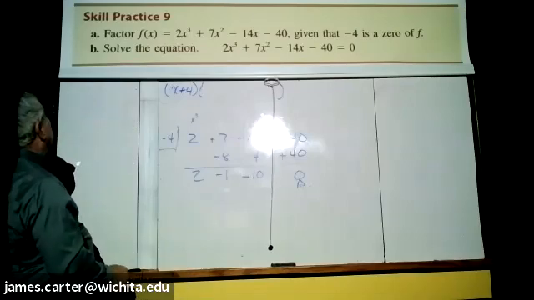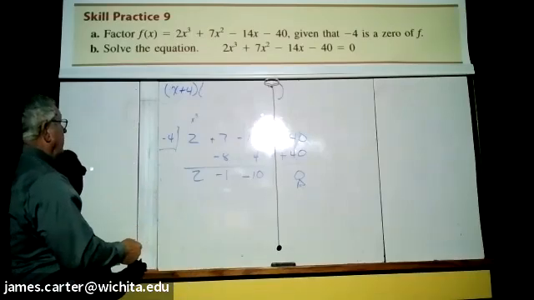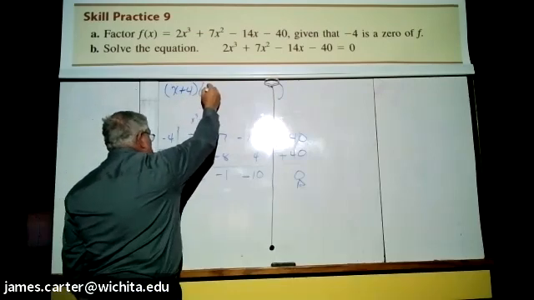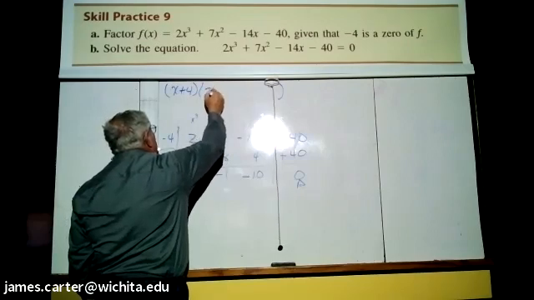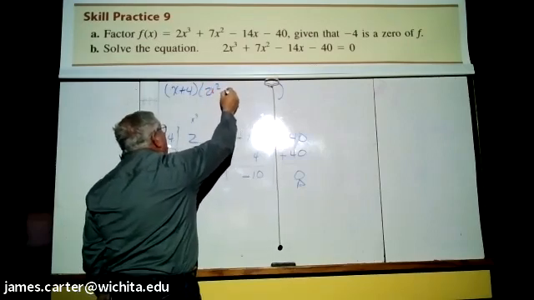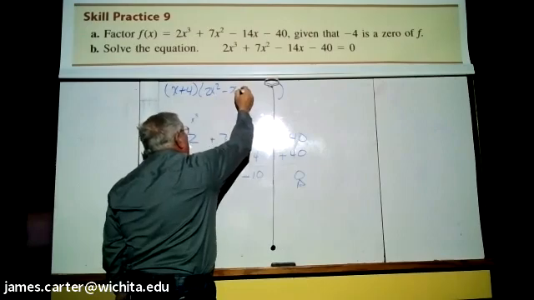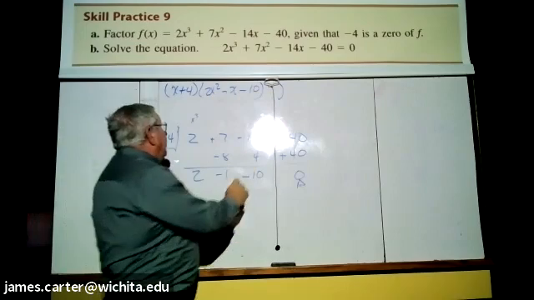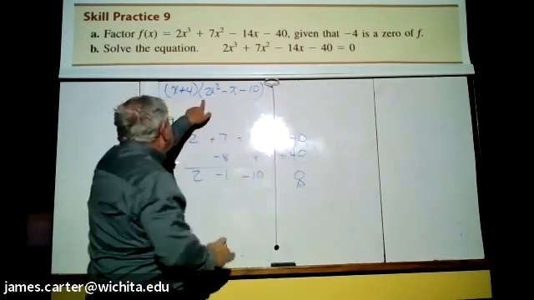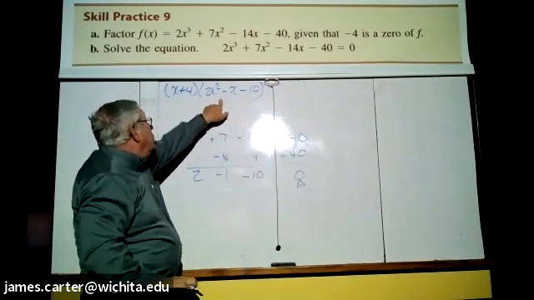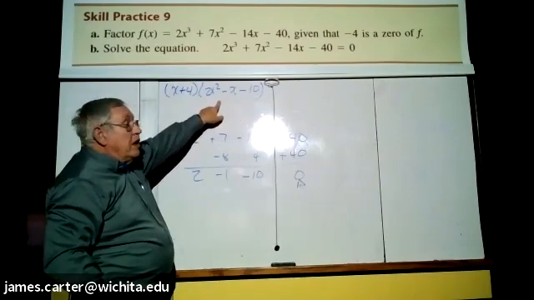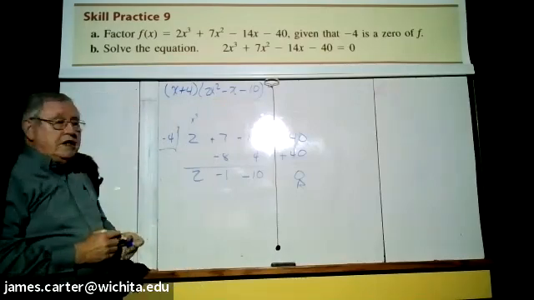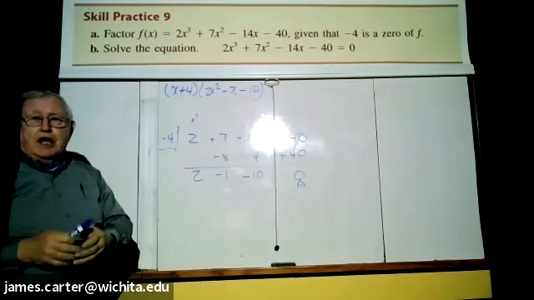So what we have done is we have factored this down one step, so that we've got x plus 4 times 2x squared minus x minus 10 are a pair of factors for this. Now, that value I can put into the quadratic formula to factor even farther, so it's all the way down to just pure x values.